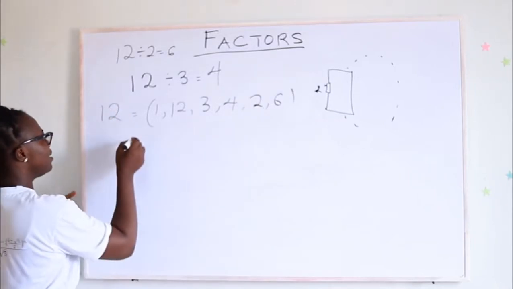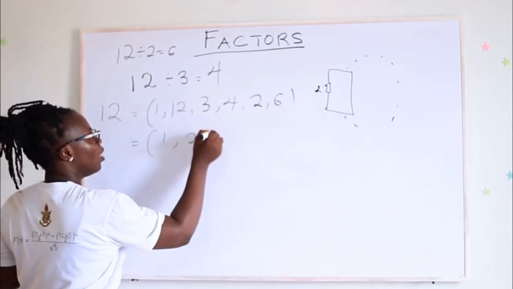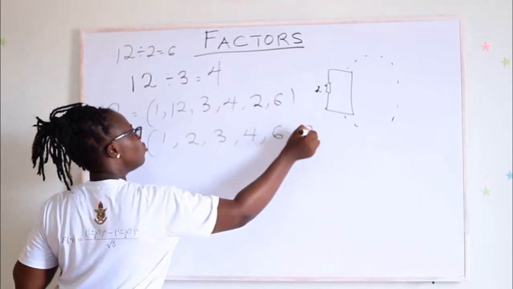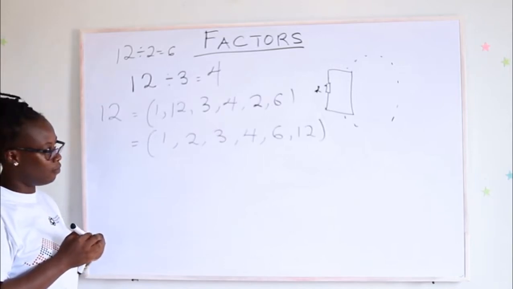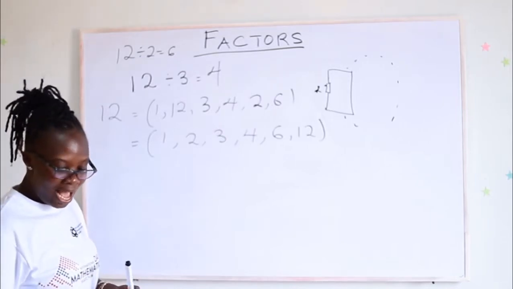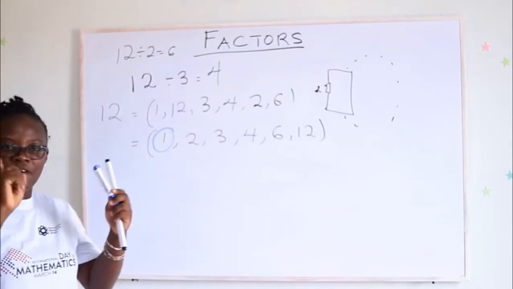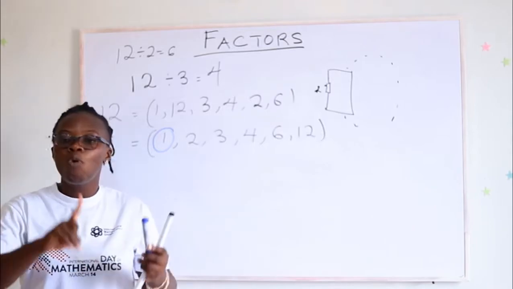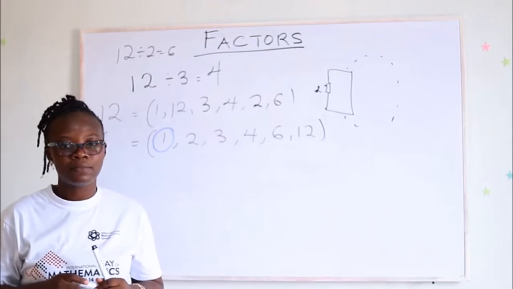Now let me write it nicely. You guys, I have 1, 2, 3, 4, 6, and 12. These are the factors of 12. Note that 1 will always be a factor of any number.